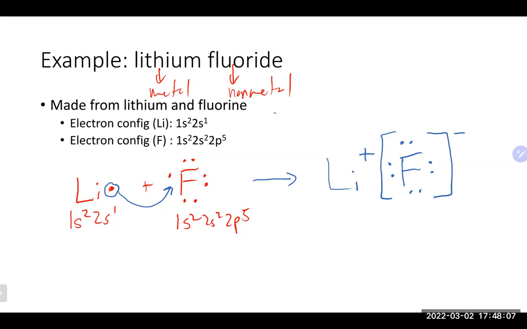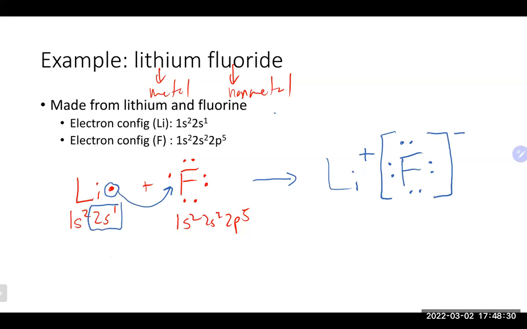What is really happening here is, I think, what we might have mentioned before, but just to make sure everybody understands, the goal of pretty much all bonding is for everybody to achieve the same electron configuration as the noble gases. If we look at what's happening with lithium, lithium just gave away this valence electron right here.